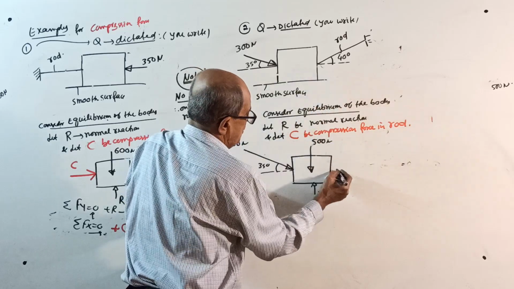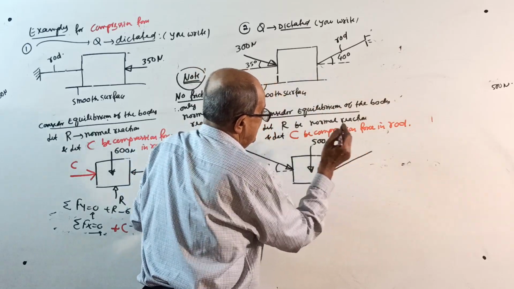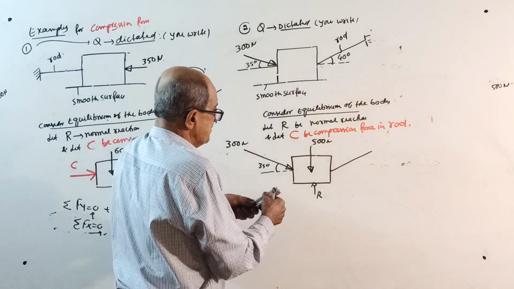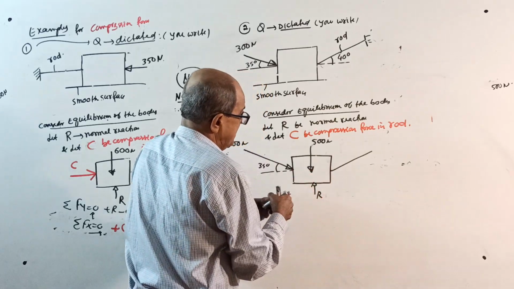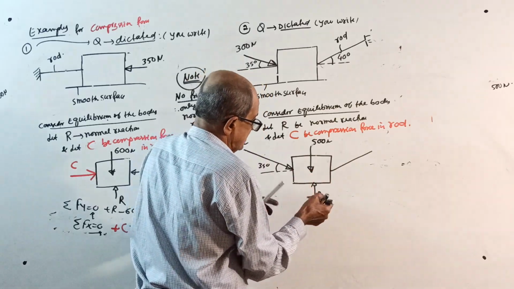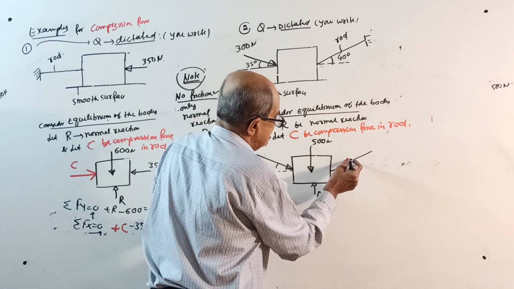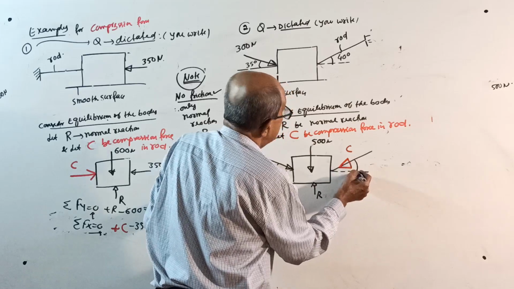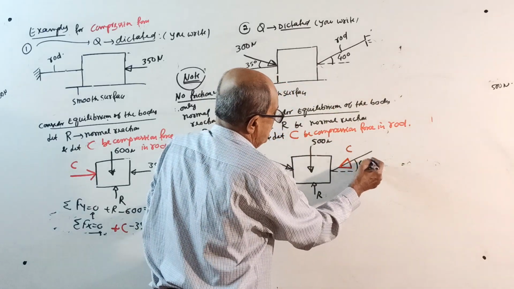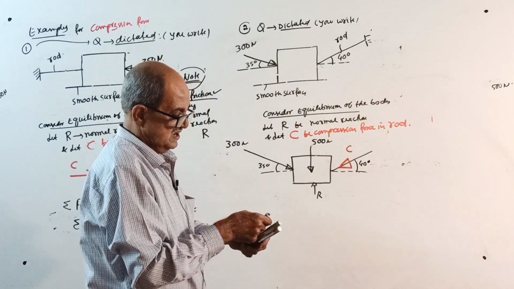At the same contact point, this is the rod. I told you the rod will be in compression when you try to push this way. Therefore be careful, it is compression. The angle is 40 degrees.